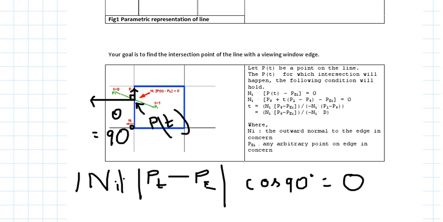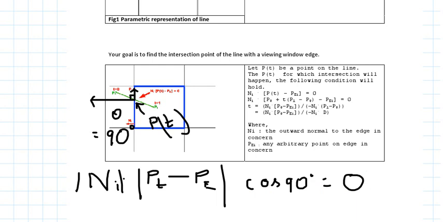So if you have followed the discussion until this point, what can you conclude? You can conclude that if you go on calculating the dot product for each and every point PT on the line with the outward normal vector, for the point at which intersection is taking place, the value of this dot product is going to be 0.